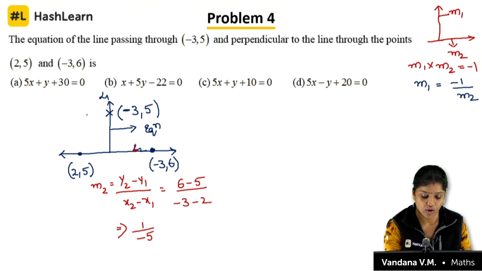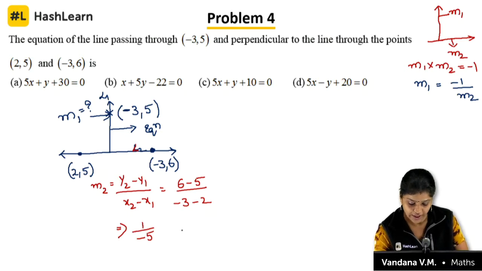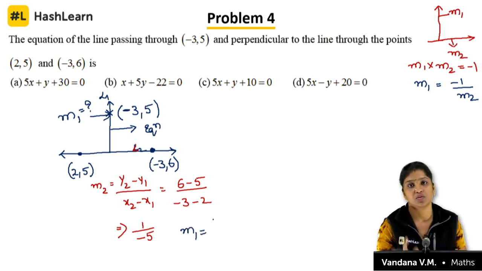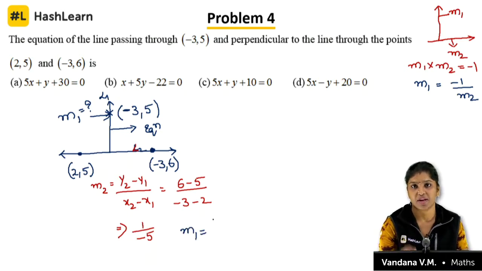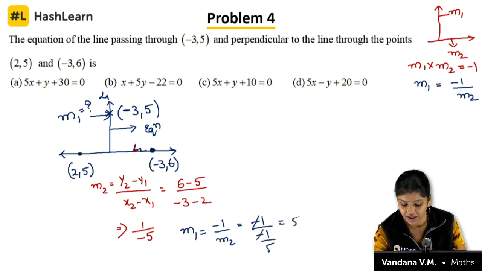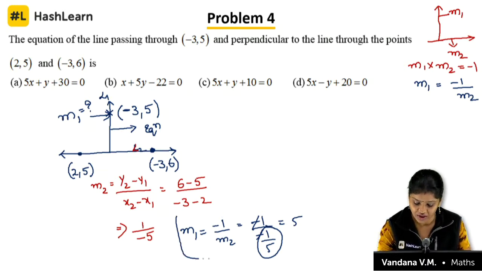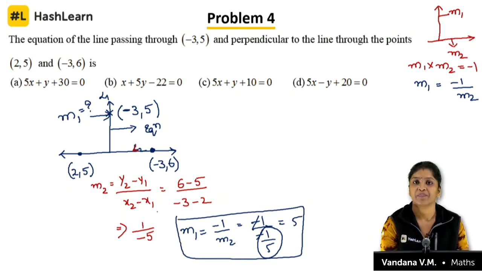Here that's what I want. I want the slope of the first line. I know these two lines are perpendicular. They gave the information to us. So minus 1 by M2, minus 1 by minus 1 by 5. So minus minus will get cancelled. If you have a fraction in the denominator, that will get reciprocal, 5. So 5 is the slope of the first line.